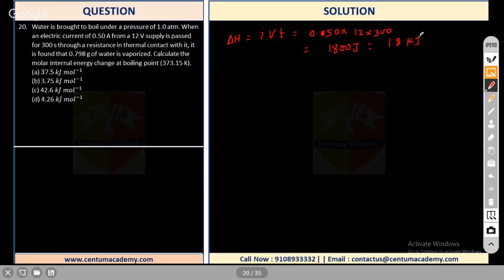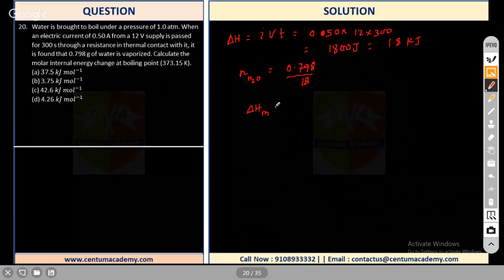Okay. Now it is given that 0.798 gram of water is vaporized. So 0.798 is equal to how many moles? The number of moles of water which has been vaporized is 0.798 by 18. Why are we calculating the number of moles? Because we need to find the molar internal energy, so we have to have the molar enthalpy for that.